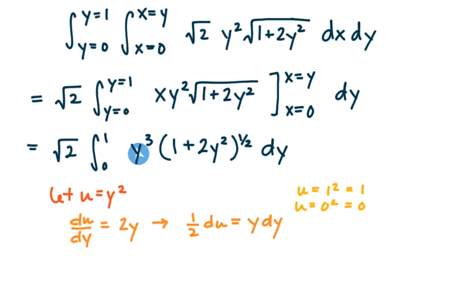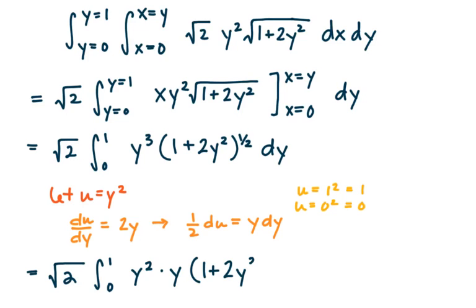And this is the same as y squared times y. So here's that y dy. Let me rewrite this before we do our substitution. I've got root 2, 0 to 1, and my bounds, of course, aren't going to change. But I have y squared times y times 1 plus 2y squared to the 1/2 dy.